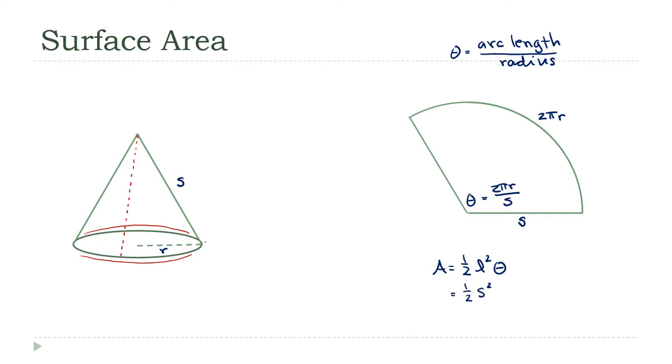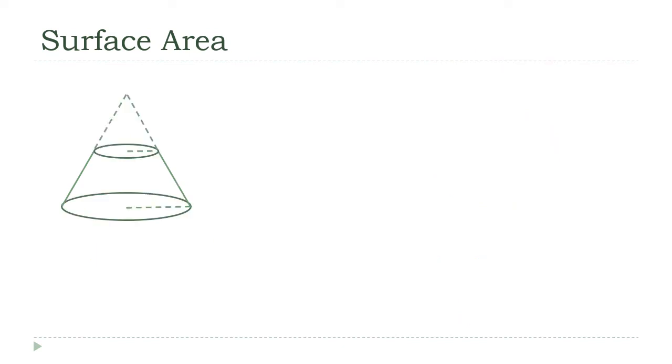Theta is 2 pi r over s. So we get the 2's cancel, the s's simplify a little, and the area of my sector here is just pi r s. So that's also the area of my cone.